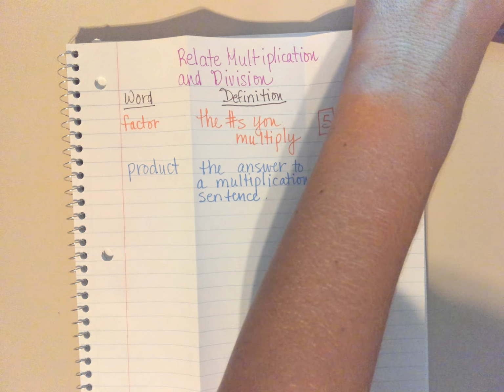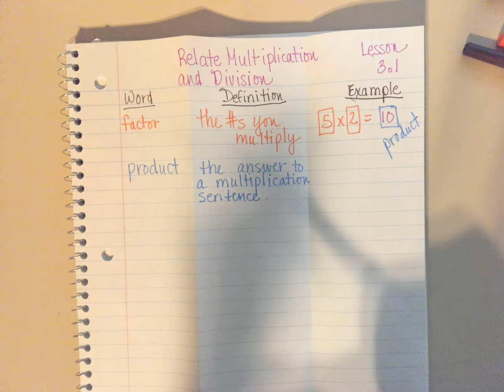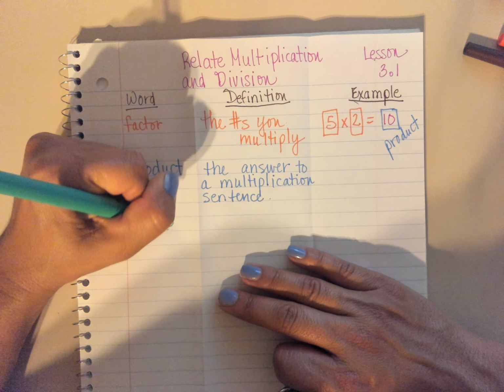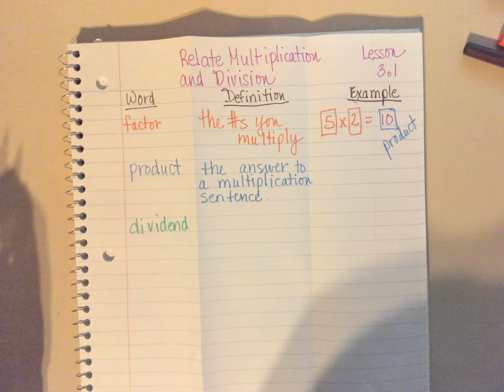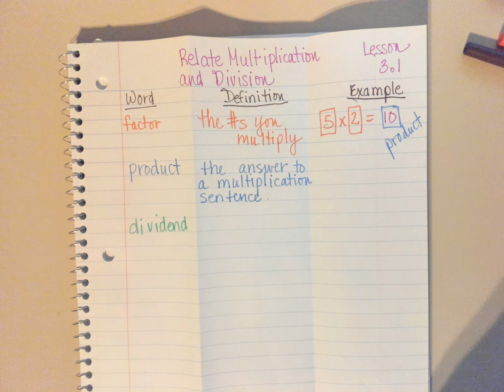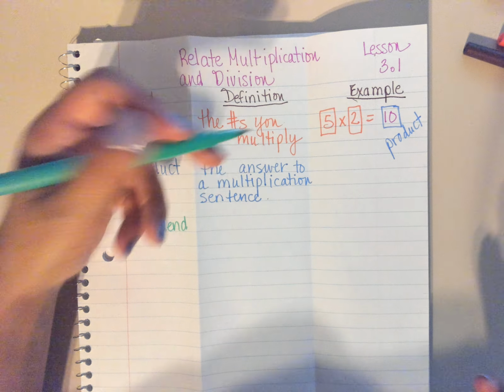Our first word is dividend. And a dividend is the first number in a division sentence.